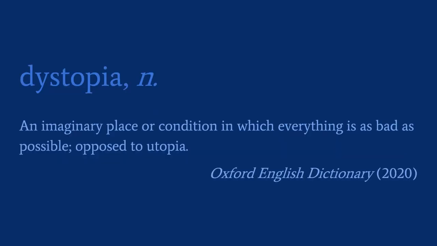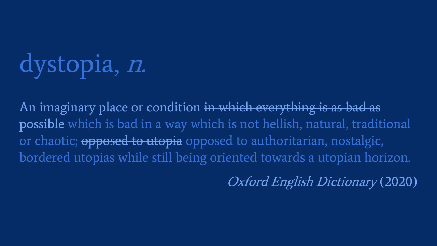So, to just give us a brief recap, I'm going to return to this definition from the Oxford English Dictionary, which reads that a dystopia is an imaginary place or condition in which everything is as bad as possible, opposed to utopia. I've had some problems with this definition, so I've made some emendations to it.